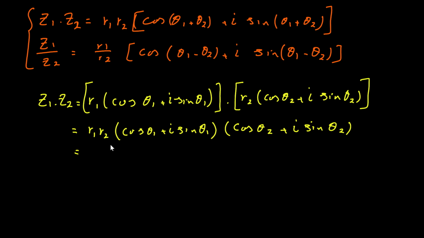So now I have the r1, r2, and I do the multiplication of the cosines and the sines.